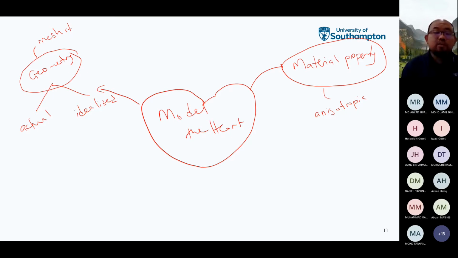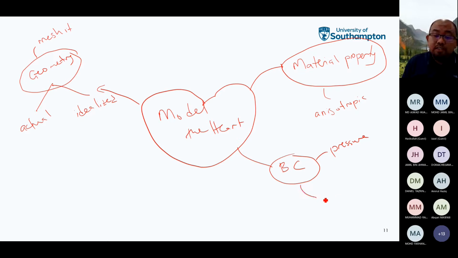Then you have to go through literature to see what would be the best option. Another thing you have to think about is the boundary condition. What type of boundary condition should I be applying? Because just now I showed you the cardiac cycle. We can see the pressure changes within the heart. So obviously you will need some pressure boundary condition. How do I determine that pressure boundary condition?